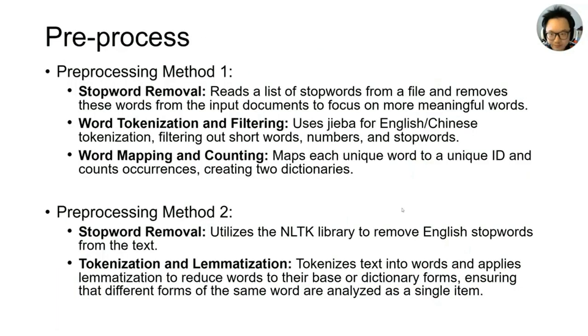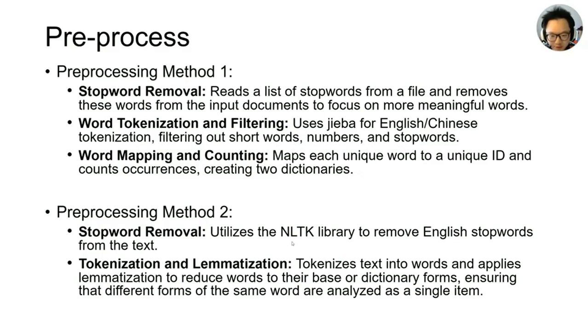Since the modules were developed by different students in our group, there are two different methods for the pre-process. The first is to remove the stop words, then tokenize the words and filter out some redundant short words. Then we map the words into dictionaries and perform the counting afterwards. The second method is quite similar.